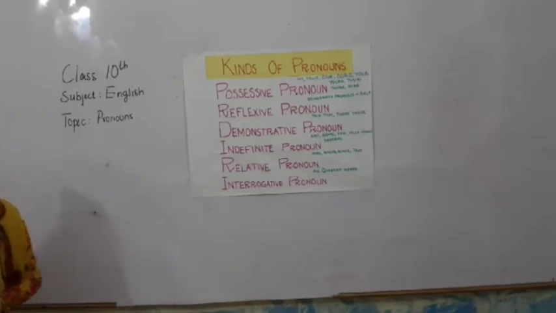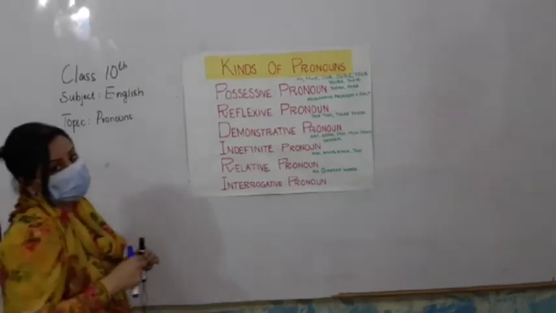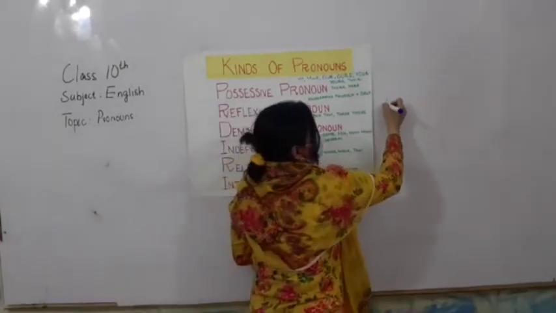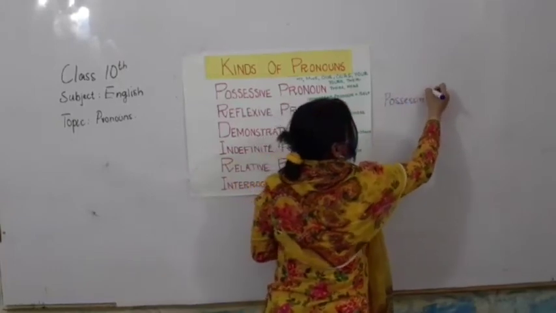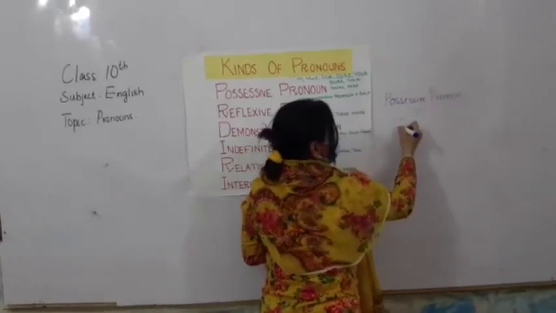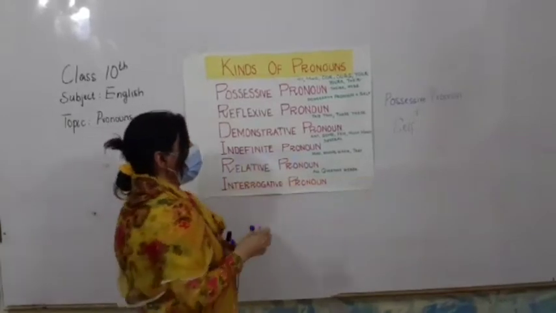Now, reflexive pronouns are those pronouns which, to make it simple, to make it non-grammatical, we have a possessive pronoun plus self with it. How would we do that? Let's make it easy for you.